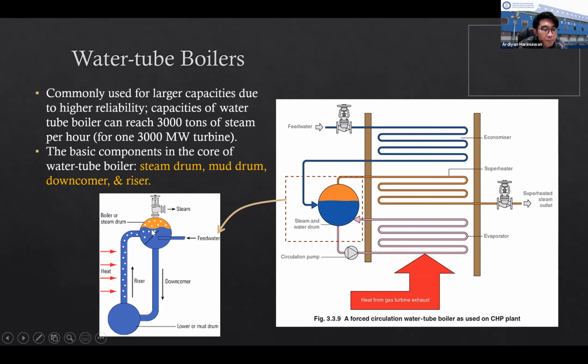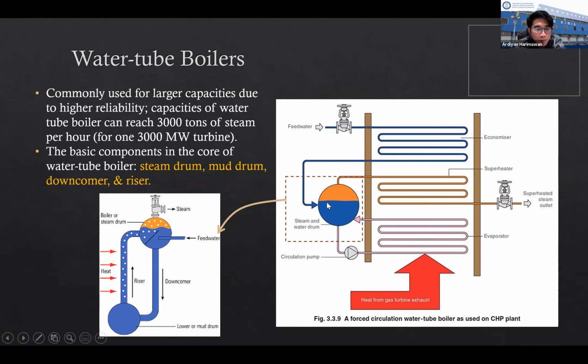Just remember the steam in this steam drum will be in the saturated condition. Please remember again the steam diagram in thermodynamics. That will be one use of the steam diagram. So depending on the temperature and the pressure, the condition of the steam will differ.